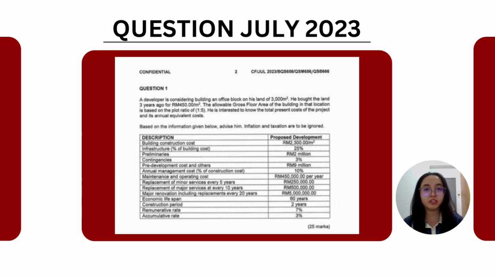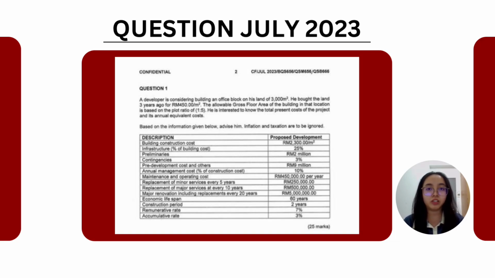First and foremost, I would like to explain our question. This question is about advising a developer on whether to build an office block on a 3,000 square meter site. The land was purchased 3 years ago for 450 per square meter and the allowable GFA is determined by using a plot ratio of 1.5.